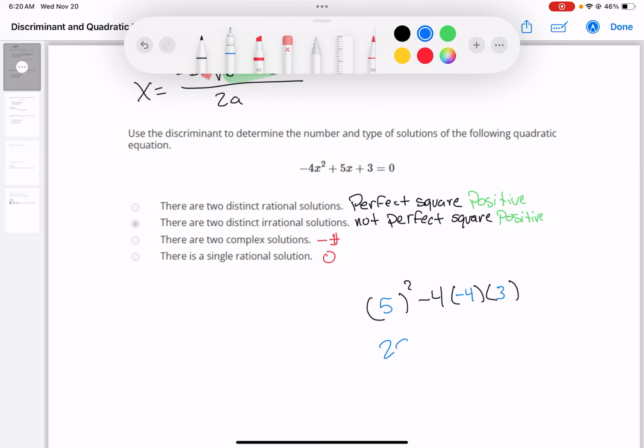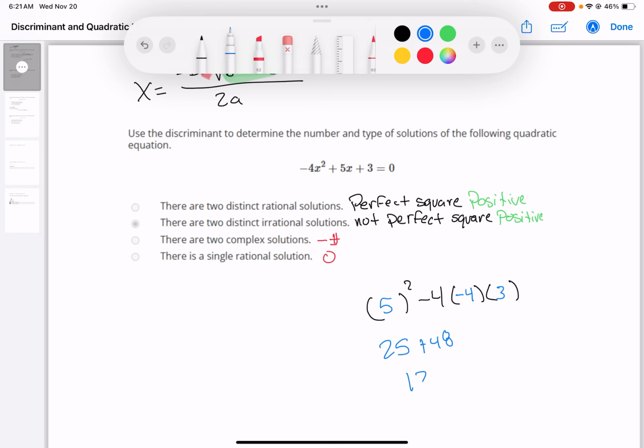Well, that's 25. And then negative 4 times negative 4 is 16, times 3, I think is 48. And then, yep, plus 48. So if I add those two together, I get 73.